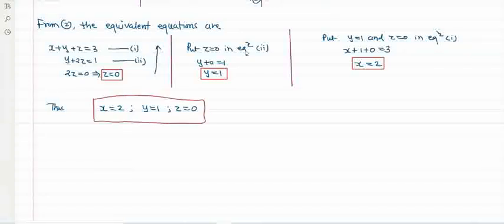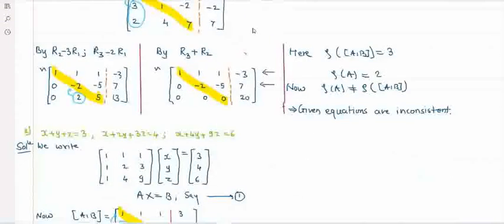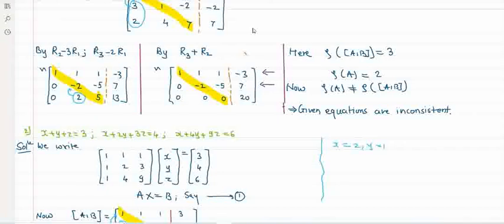I will go to the given equations. I will use a different color. Suppose you are verifying the equations with x equal to 2, y equal to 1, z equal to 0. First equation: substitute the values, x is 2 plus y is 1 plus z is 0, 2 plus 1, that is the RHS.